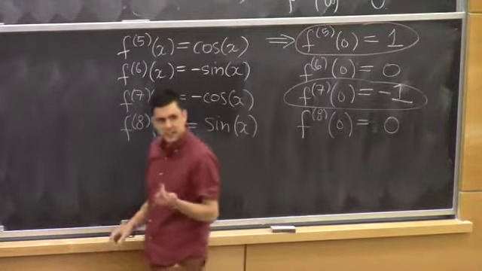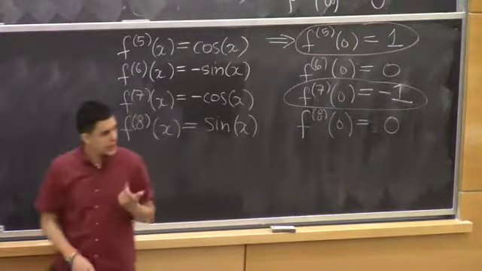Okay, and this is exactly the reason why sine is an odd function. Okay, all of its Taylor polynomial coefficients happen at the odd degrees.